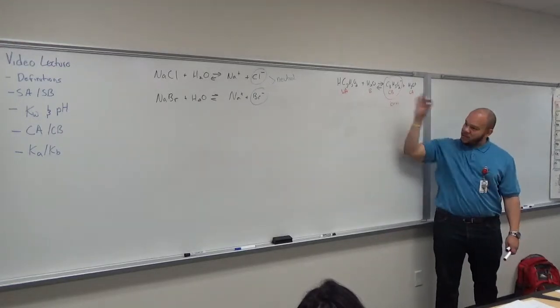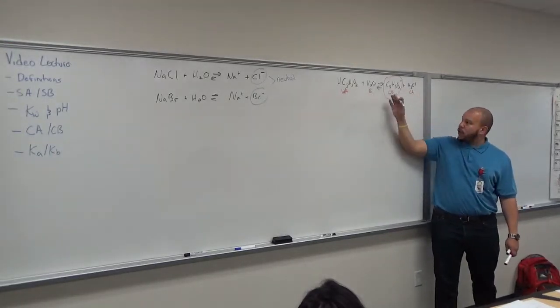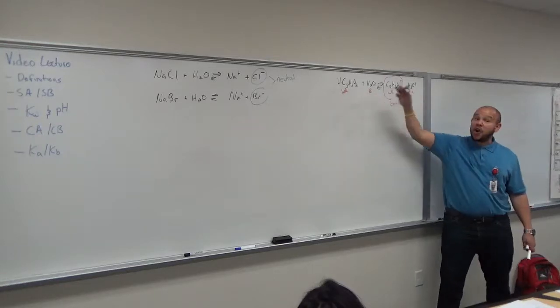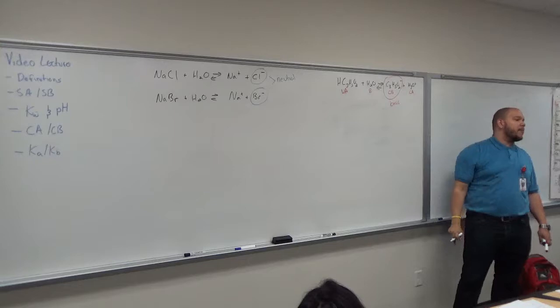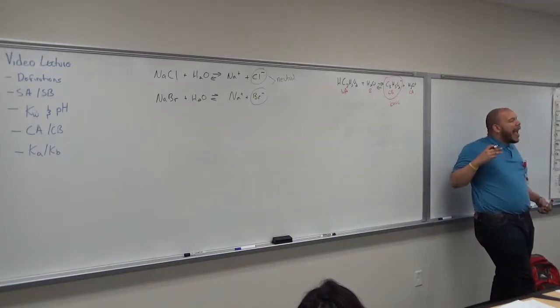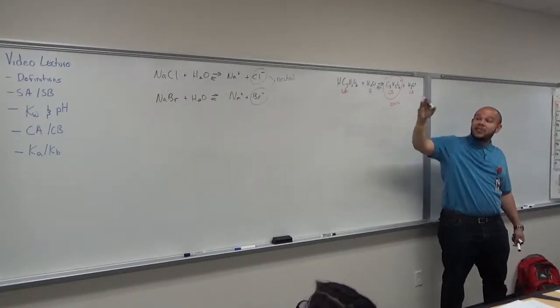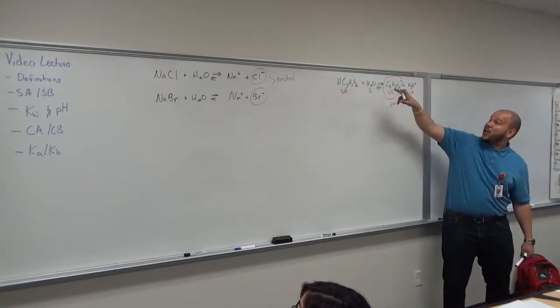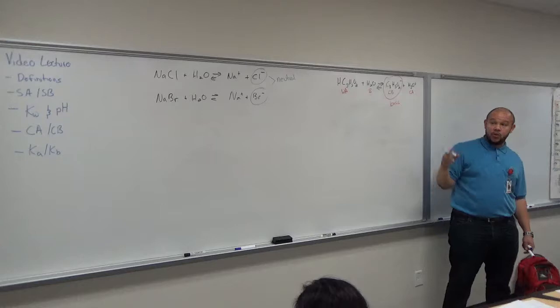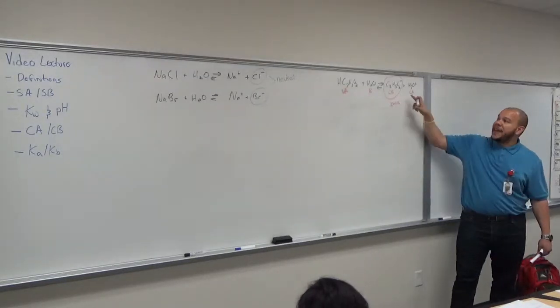This is a process that's occurring back and forth, back and forth, back and forth. So, for this to occur back and forth, it has to have some basic quality. It has to act as a base. So, anions of weak acids are conjugate bases. They create hydroxide in solution if they encounter water.